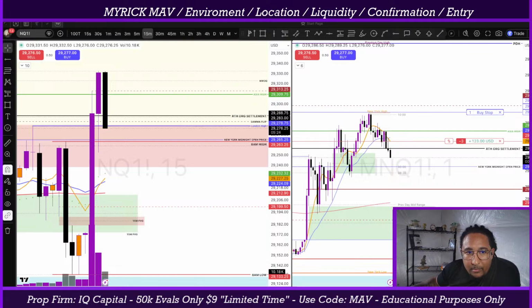So we're back down below that 15-minute range. We're going to see starting to push down a little bit more there. I want to see just a little bit more to the downside.